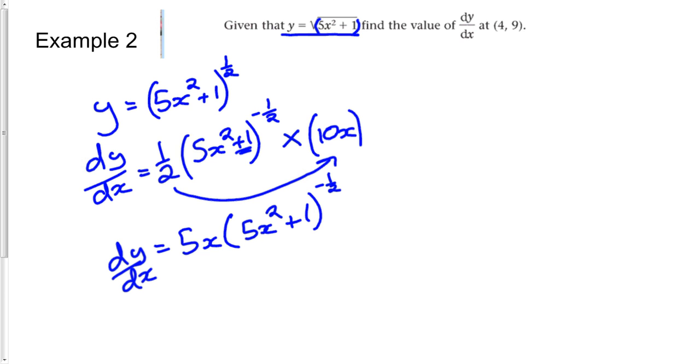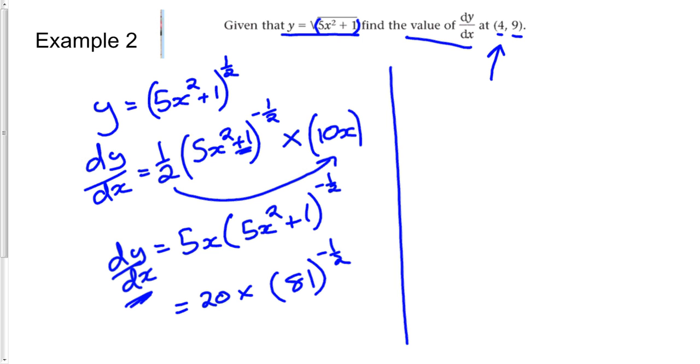But the final part of the question, it says, find the value of dy by dx, which is our equation here, at the point 4, 9. So we then need to substitute in our x value of 4. So by doing that, we're going to have 5 lots of 4, which is 20, times by, then substitute 4, and that's going to be 16 times 5, which is 80, plus 1, which is 81 to the power of minus 1 half.